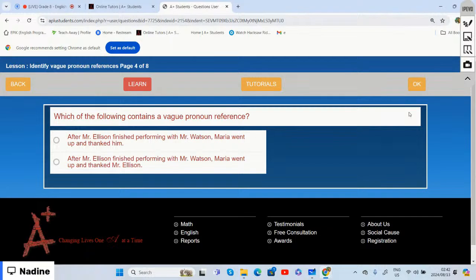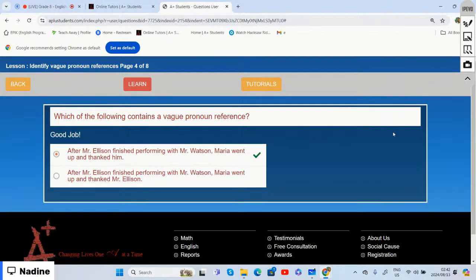All right, so we need to say which is a vague pronoun reference. And we said option one is a vague pronoun reference. All right.